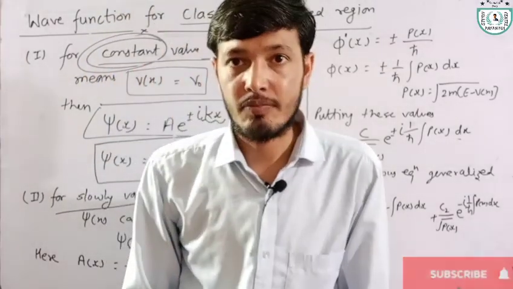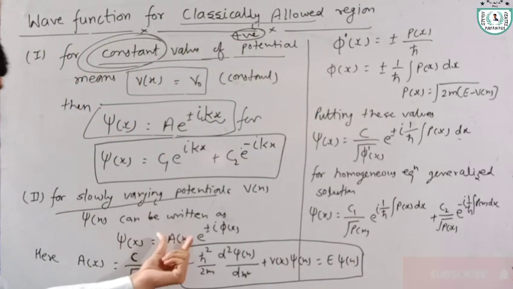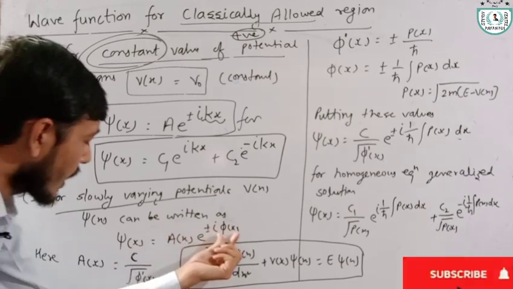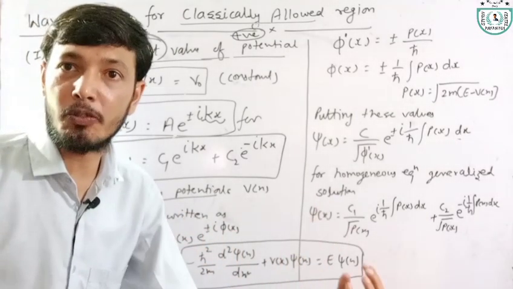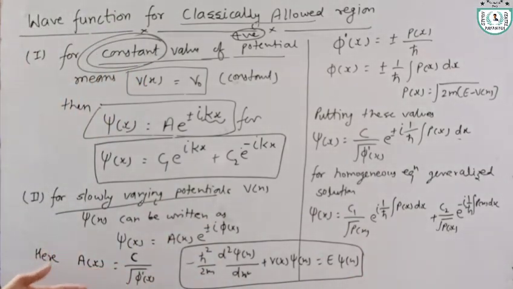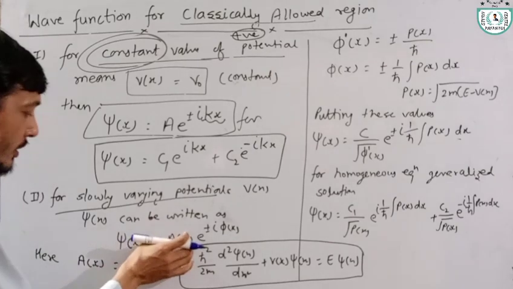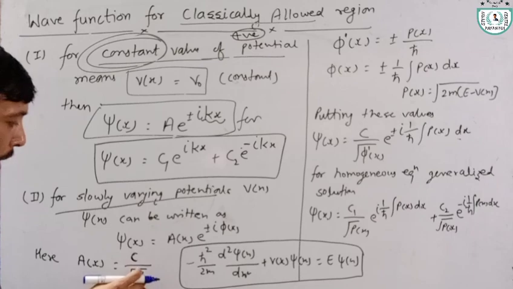ठीक है, अब देखिए यहां पर क्या होगा अपने पास, यहां हमें A of x and phi of x की वैल्यू कैलकुलेट करनी पड़ेगी. Okay, after calculating the value of A of x, we have A of x is equal to c upon root of phi prime x.